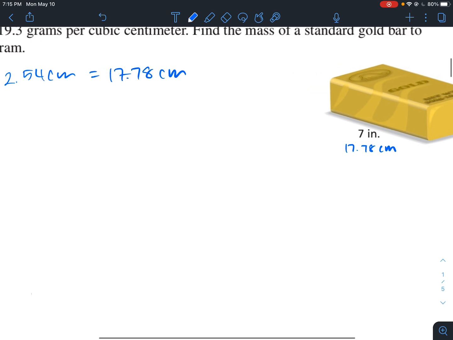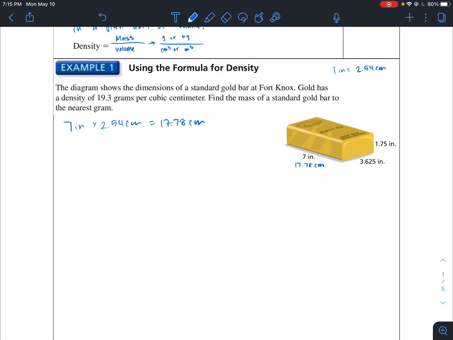Now for 3.625, multiply that by 2.54 centimeters, and you should get about 9.2 centimeters. Then 1.75 inches, multiply that by 2.54 centimeters, and when you do the math there, you should get 4.45 centimeters.